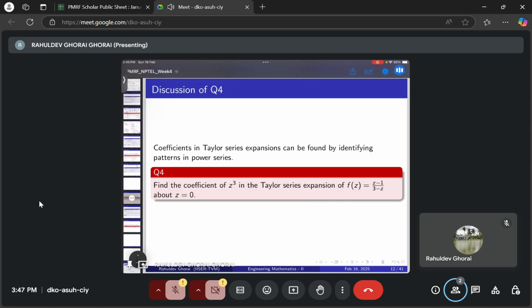So see, we need to find out a series, right? So you know already z minus 1 is in nice form. So z minus 1 over 3 minus z will be equal to z minus 1 times 1 by 3 minus z. So now you know how to deal with this, right? It's not a big deal.